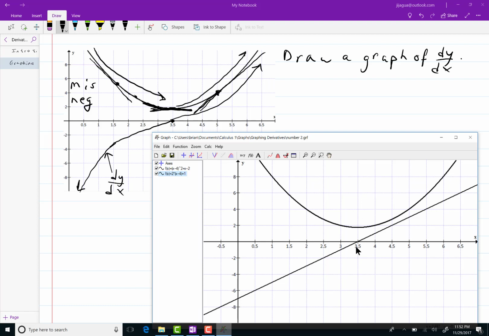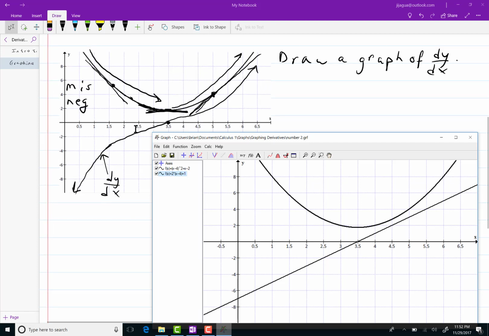You notice there they're 0. The x-intercept for the derivative is 3.5. But the important thing right now is to note that I'm negative to the left of 3.5 because the function is decreasing there, and I'm positive to the right of 3.5. Those are the important features of the graph of the derivative. Where is it positive, negative, and 0?